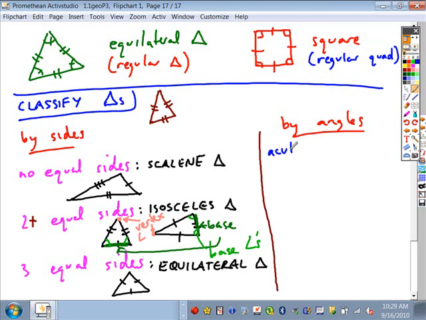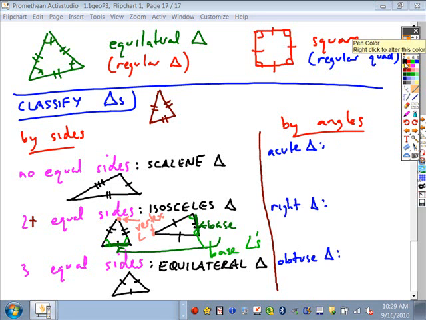So you can have an acute triangle, you can have a right triangle, and you can have an obtuse triangle. In an acute triangle, how many angles of the triangle are acute? All of them.